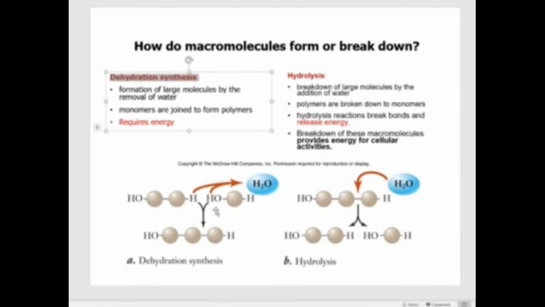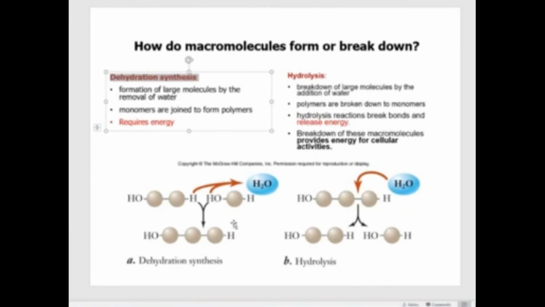You remove a hydrogen from this monomer and the hydroxyl group from the other monomer, and when you have these two groups together, that forms water. When you remove these two groups, these two carbons are going to be linked, forming a chemical bond. So you're combining these two monomers, and that will form a polymer.